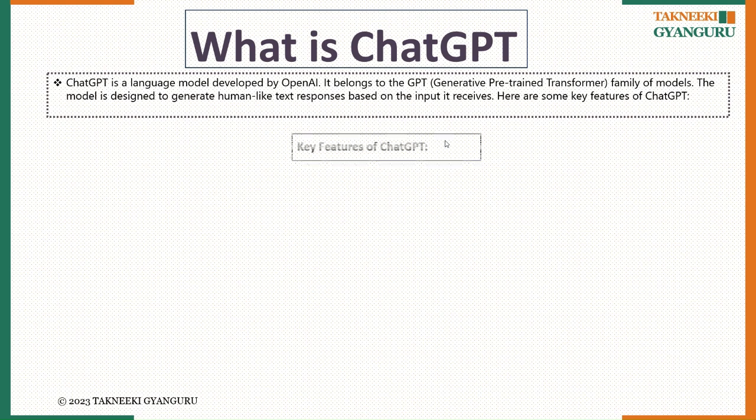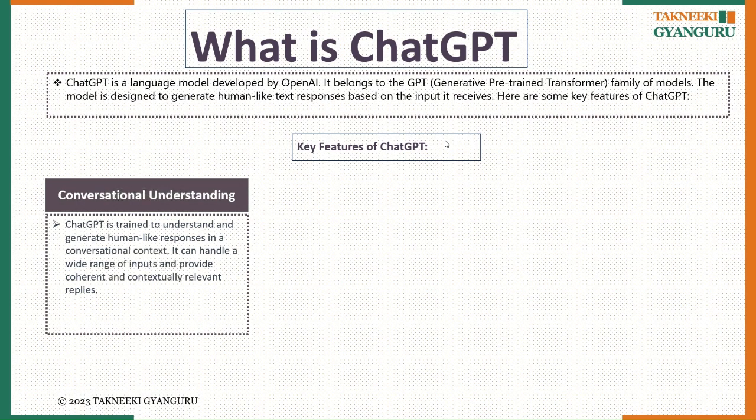So let's understand those features. One is conversational understanding. It generates human-like responses in a conversational context. When we are talking to ChatGPT, we can query something and it will answer, so the conversation can be done.